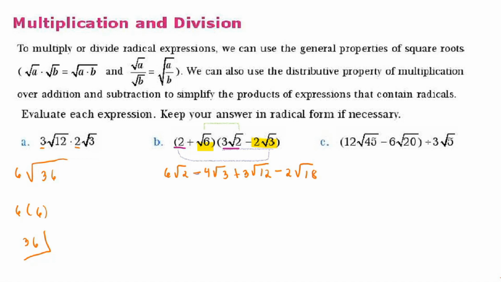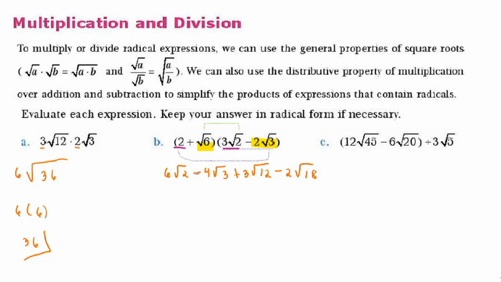Now, after using the FOIL method, we are going to inspect which one is not yet in the simplest radical form. The square root of 2 is already in simplest form. The square root of 3 is also in simplest form, but square root of 12 and square root of 18 can be simplified further.